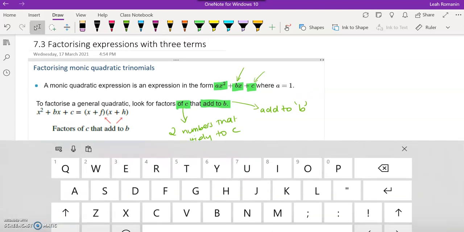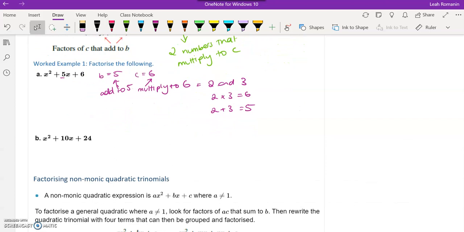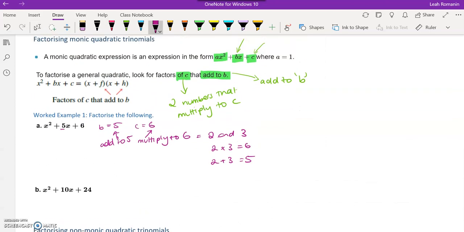So now what we do with those two numbers is we are going to split this 5x into two terms. So I'm going to keep my x squared, but in the middle here I'm going to have 3x plus 2x.